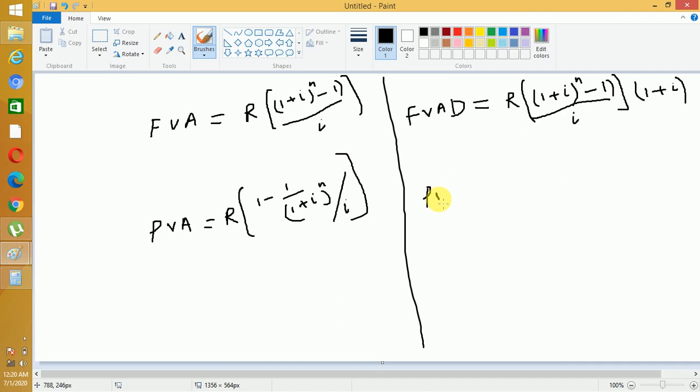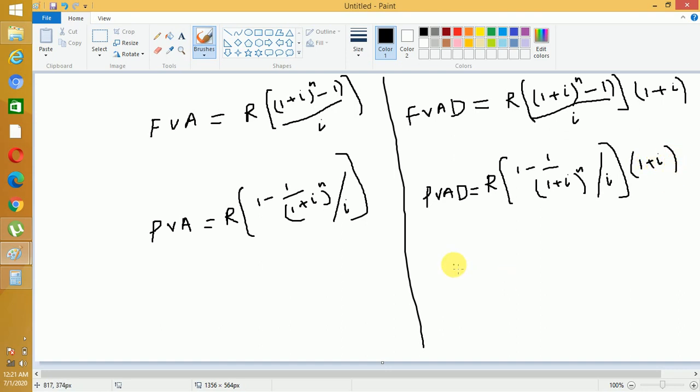Present value of annuity due: R, same formula, 1 minus 1 divided by (1 plus I) raised to the power n, whole divided by I. Close the bracket and multiply it by 1 plus I. So this is the formula of present value of annuity due.